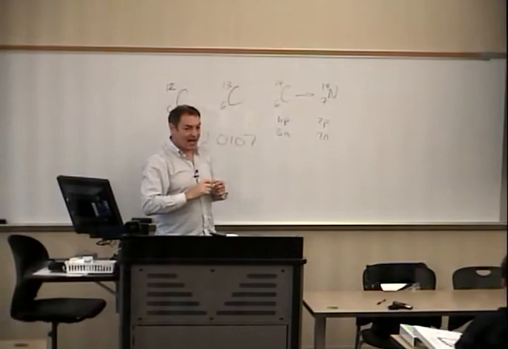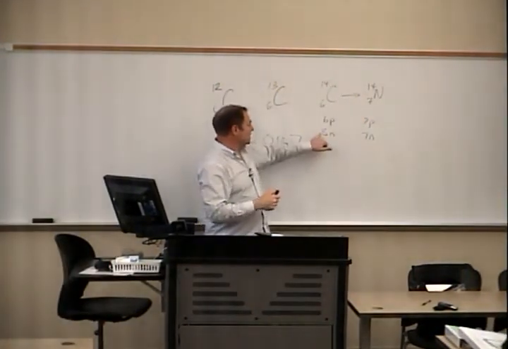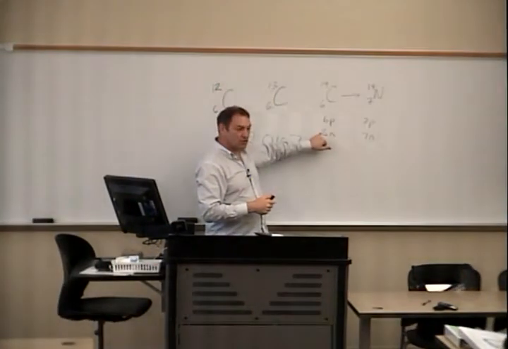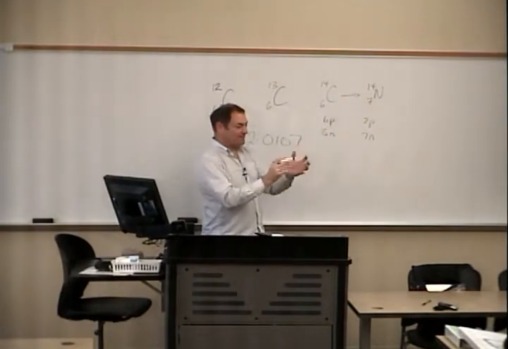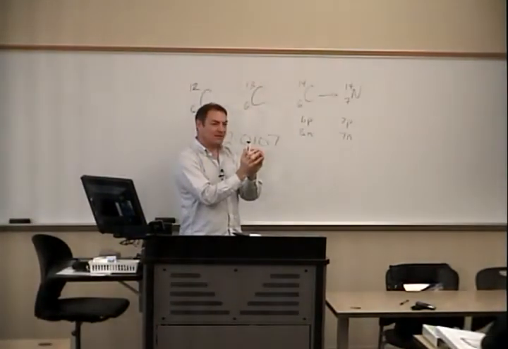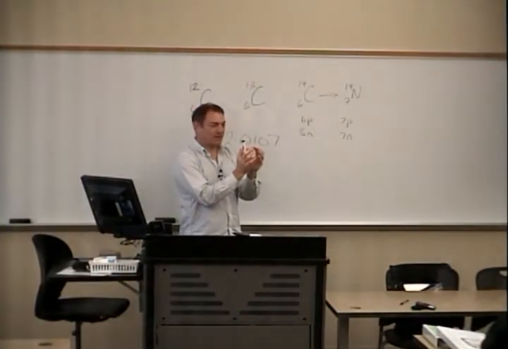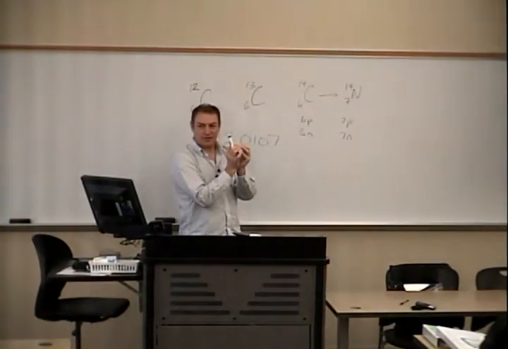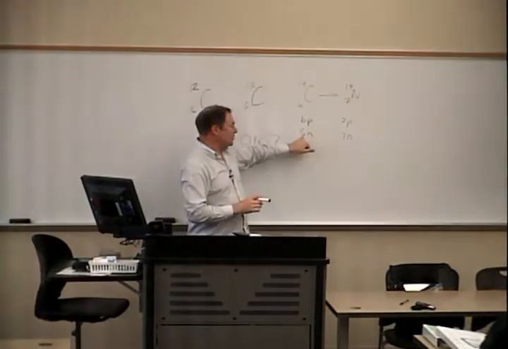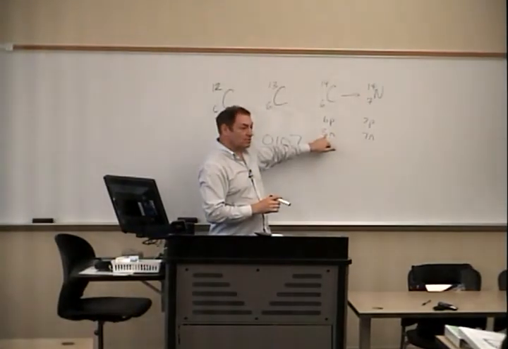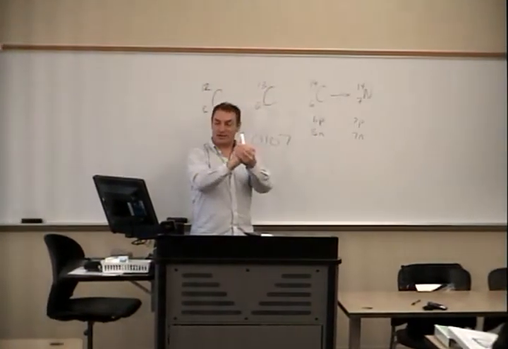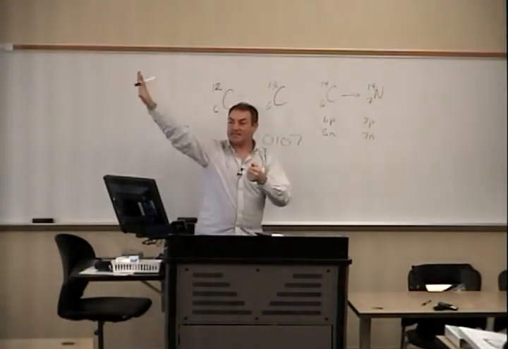So here's what actually happens: one of these neutrons, you can think about a neutron as being kind of a proton and an electron fused together. All right? So that neutron, which is made of a proton and an electron fused together, the electron is emitted, it's released.